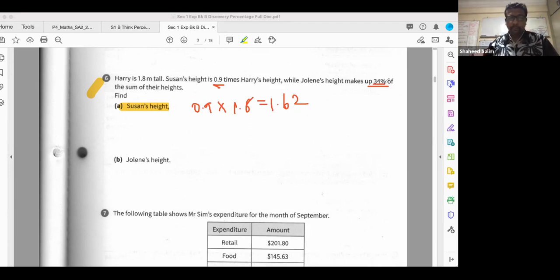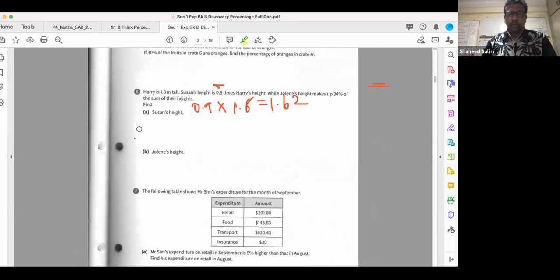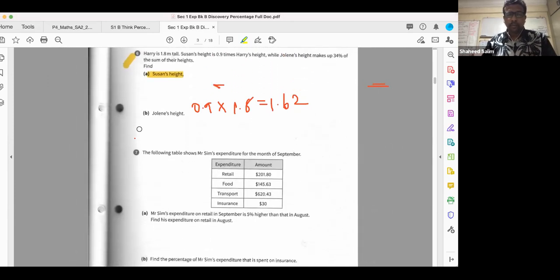Well done, Sophia, you're fast. You're faster than me. Shafika, to the nearest... no, not correct, Shafika. Your Jolene's one is not correct. Just hold on, Sophia. We are waiting for the rest. You can try the next one, Sophia, but we are waiting for the rest.